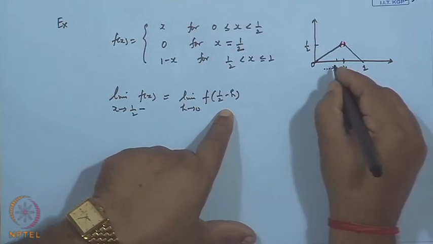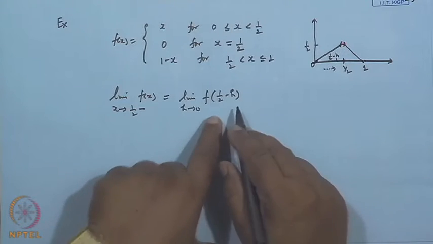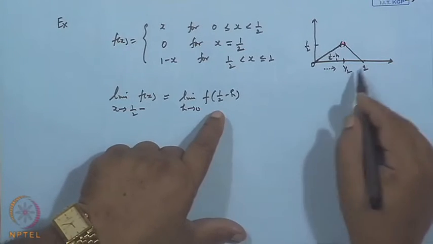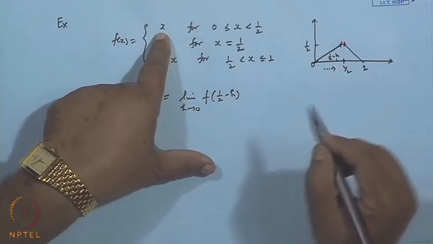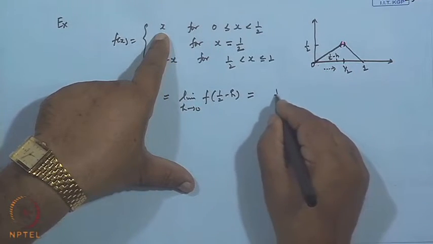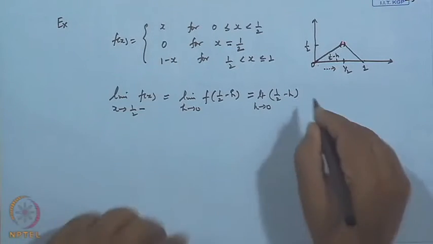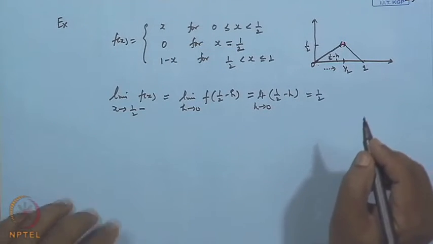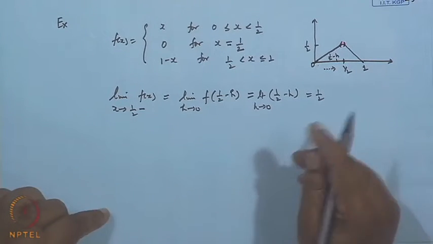Now, when the point is lying between 0 and half, the function is defined as x. So, this is equal to half minus h, and the limit as h tends to 0 comes out to be half. So, from the left hand side the value of this limit is half.